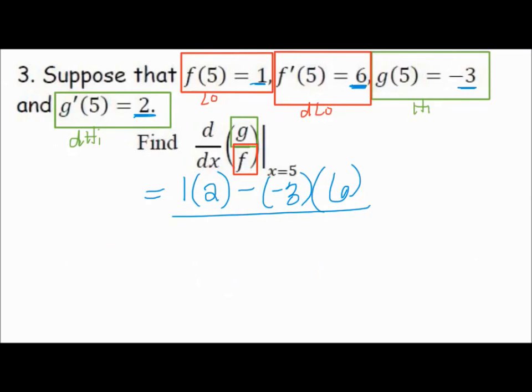And this is all over low, low. Well, low, low is going to be 1 squared. So let's go ahead and simplify. 2 times 1 is 2. Then I have negative 3 times 6 is negative 18, but I have a minus sign, so this is going to change to positive all over 1, so we're talking about 20.